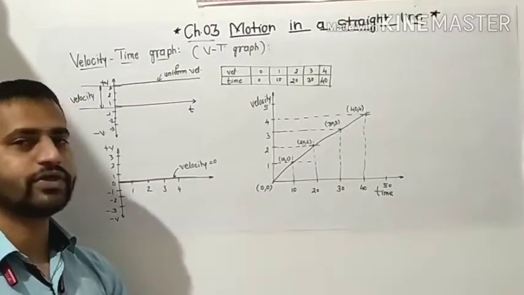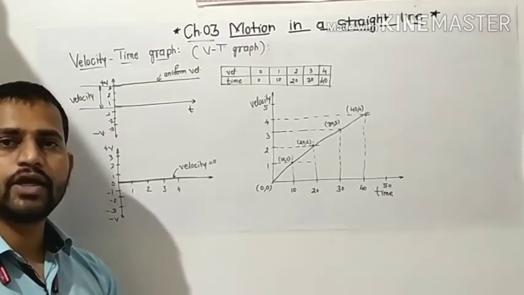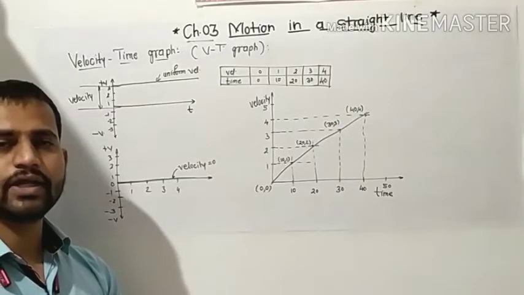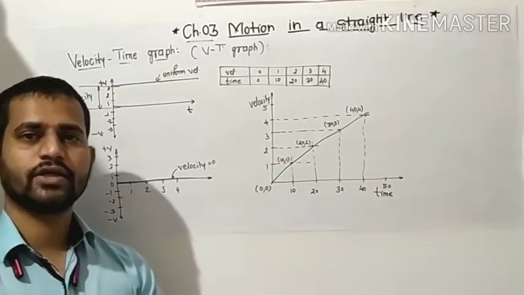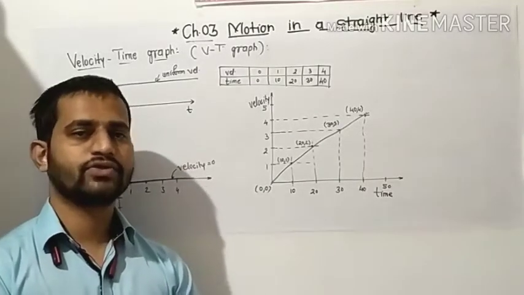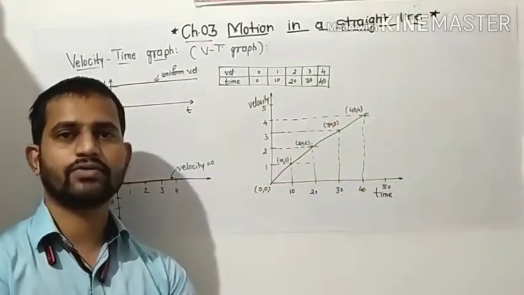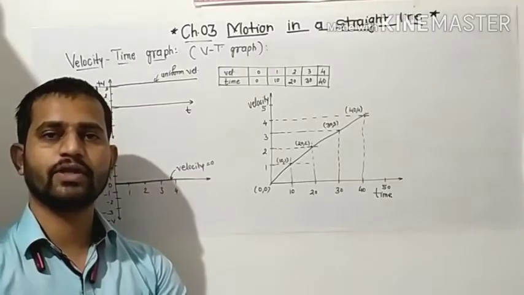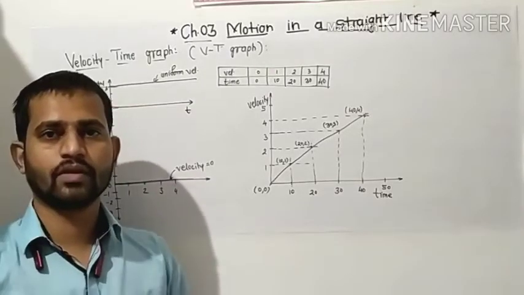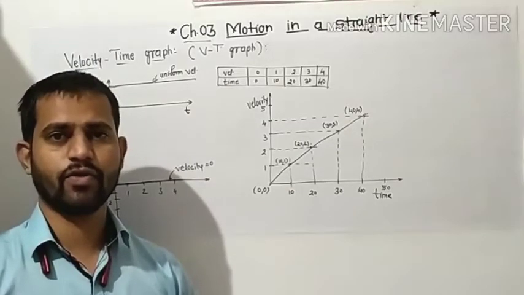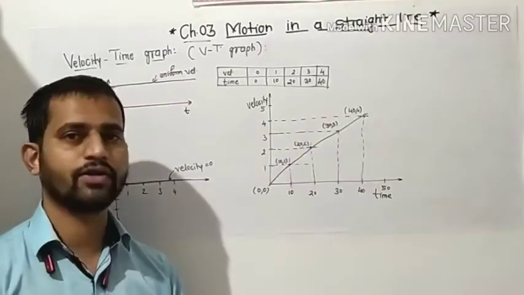There is a change in velocity at a uniform rate: for equal intervals there is an equal change in the velocity. So if in the VT curve we get a straight line, then in that case the acceleration will be uniform, because we are getting a straight line here.